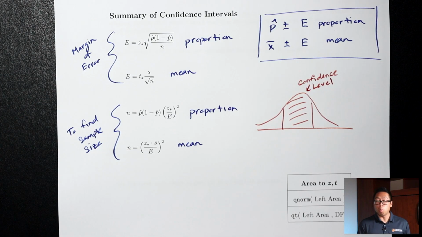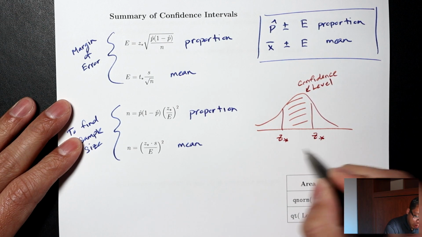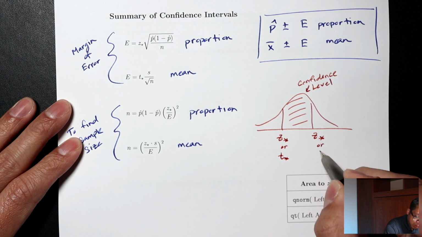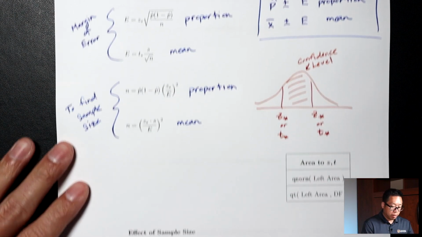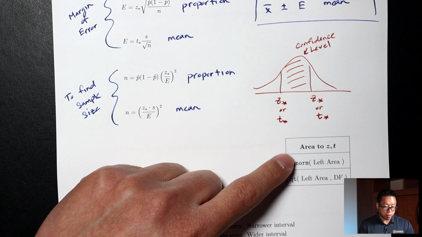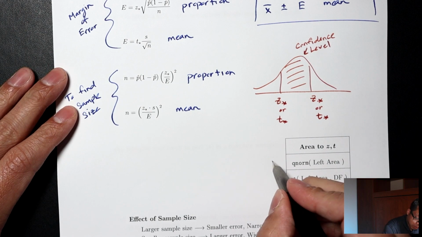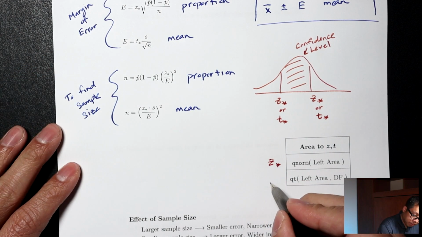And you're either looking for the two z stars or the two t stars that have that area in the middle. And in R, you can either be using qnorm or qt. qnorm if you're looking for z stars, and qt if you're looking for t stars.